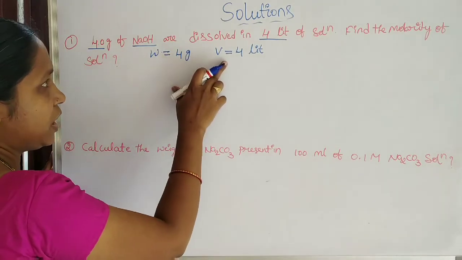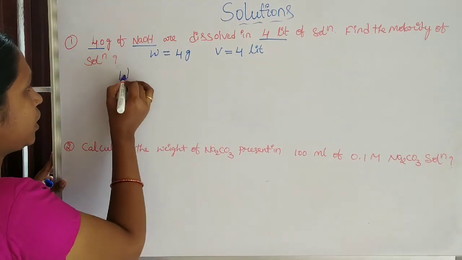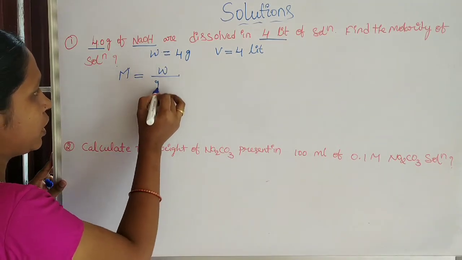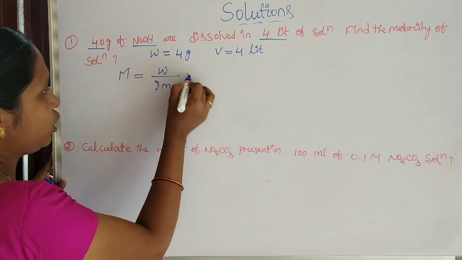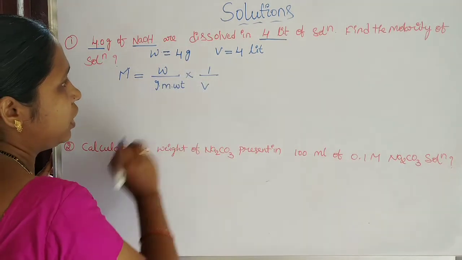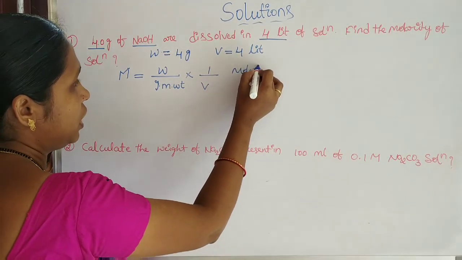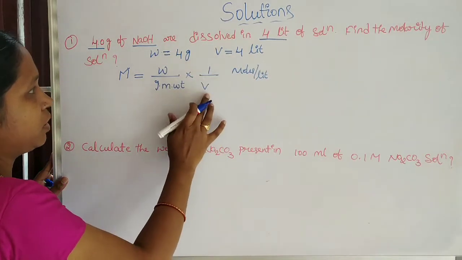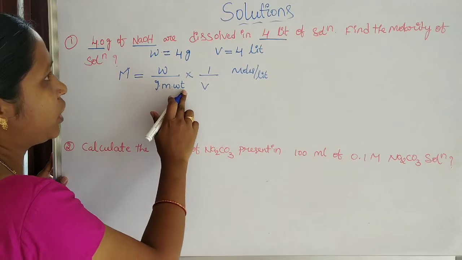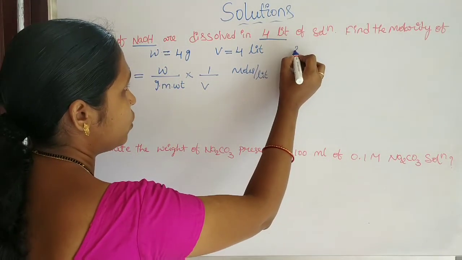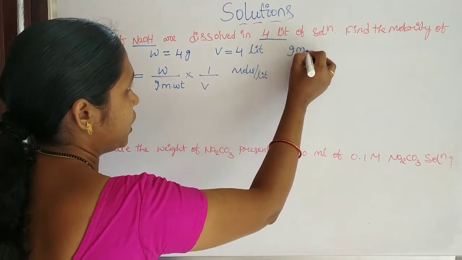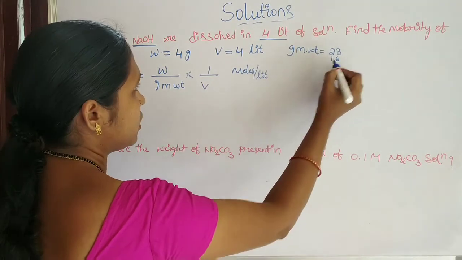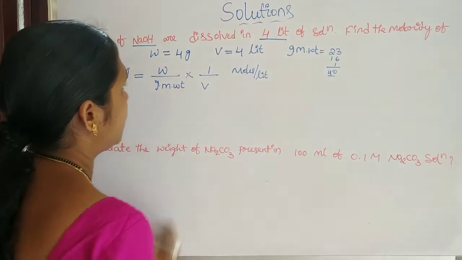On the basis of the weight and volume in liters, write our equation for molarity: molarity equals weight divided by gram molecular weight, into 1 divided by V in liters, that is, moles per liter. Now find the gram molecular weight of NaOH: sodium 23, oxygen 16 and hydrogen 1, that is 40.